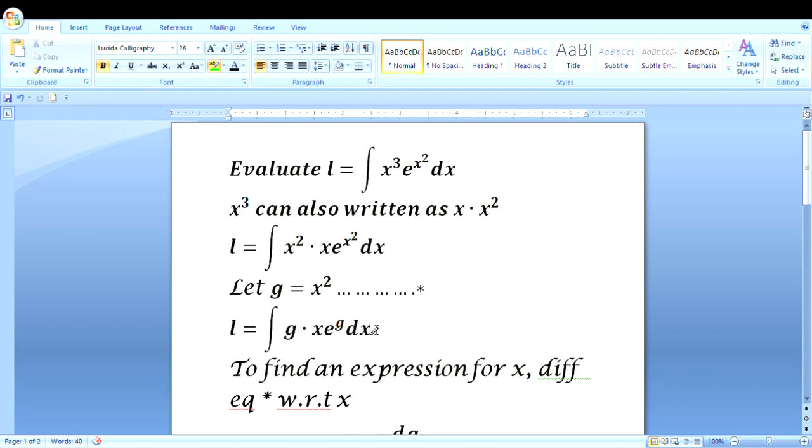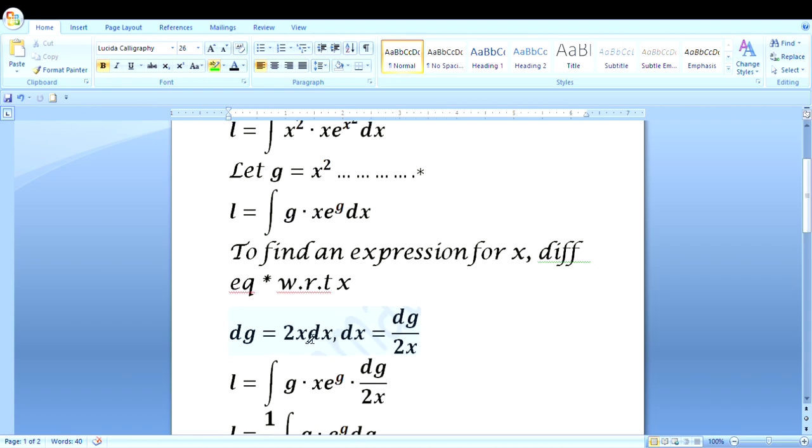So in order for us to do that, we must look at this and find the derivative. Differentiate g with respect to x squared and obtain the dx from there. So here what happened is we differentiate this. This becomes dg is equal to 2x dx.